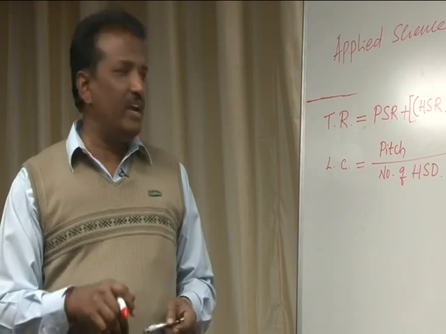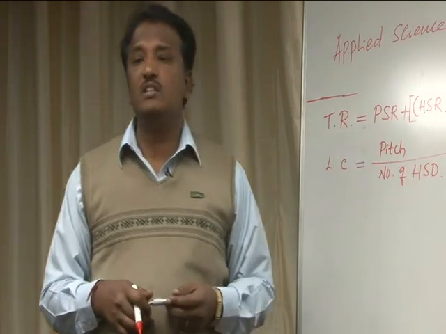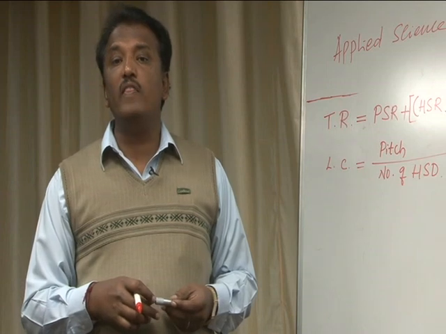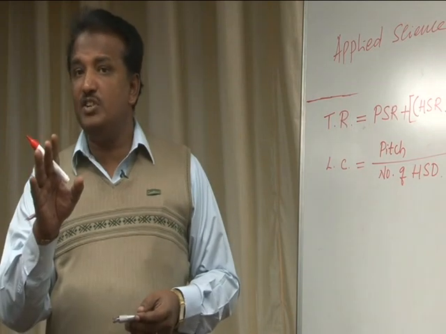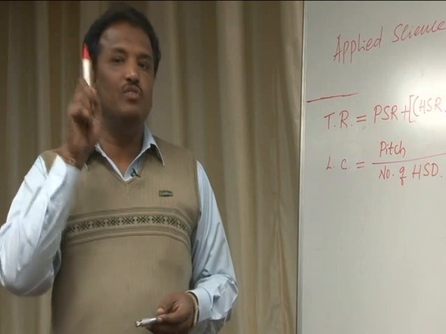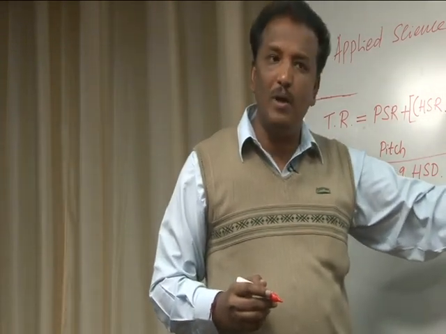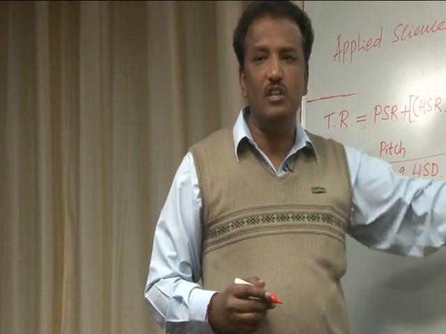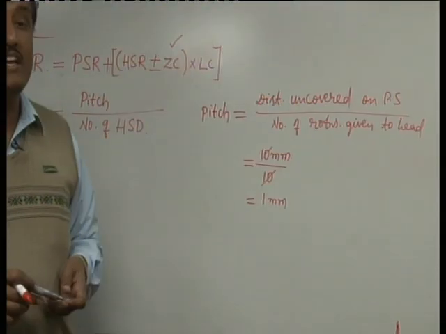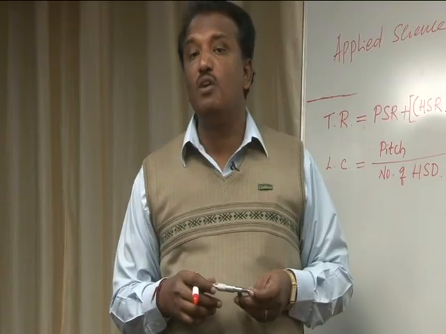In such a screw gauge, if you give 10 rotations, the distance uncovered is again 10 divisions, but the value of each division is half a mm. Therefore, the distance uncovered is 5 mm, and for 10 rotations you get 1 by 2, that is half a mm or 0.5 mm.